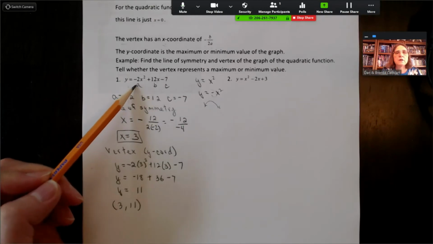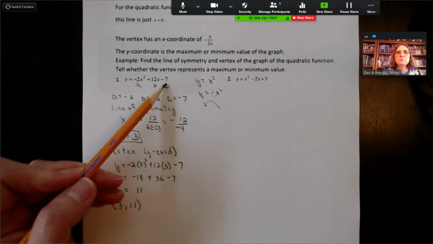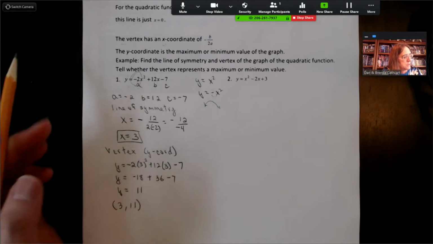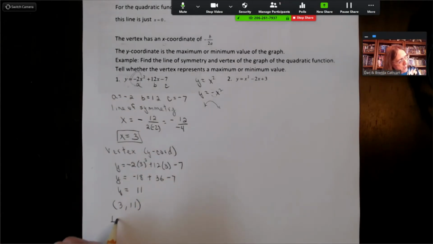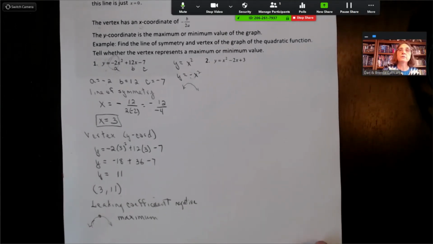So this equation, y equals negative 2x squared plus 12x minus 7, has a negative leading coefficient. Since the leading coefficient is negative, this graph will face downward, and the vertex will be a maximum. Okay, let's look at another example.